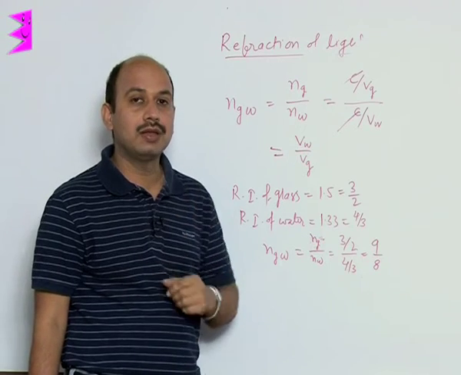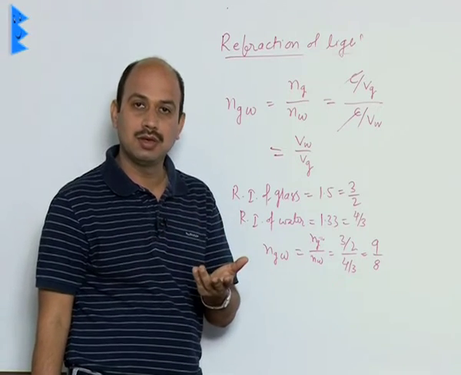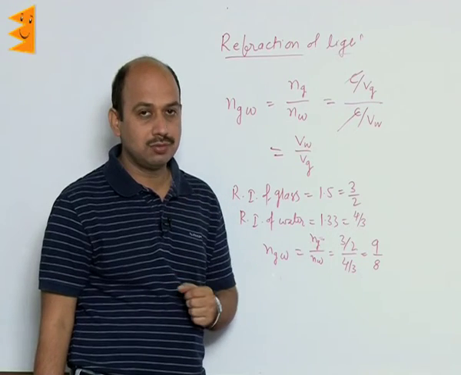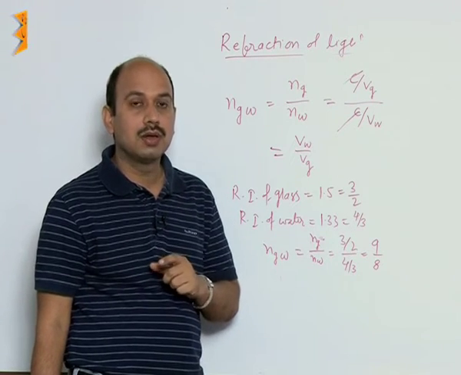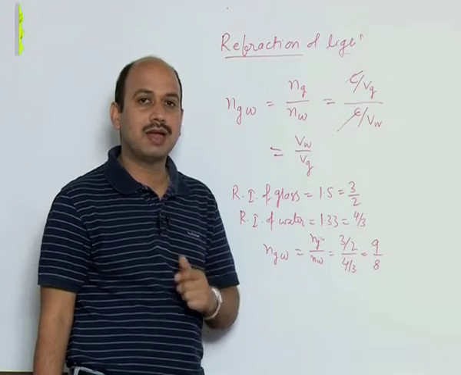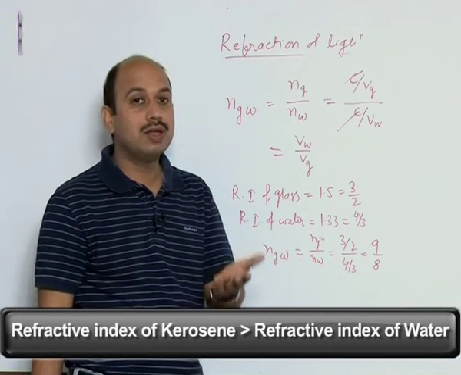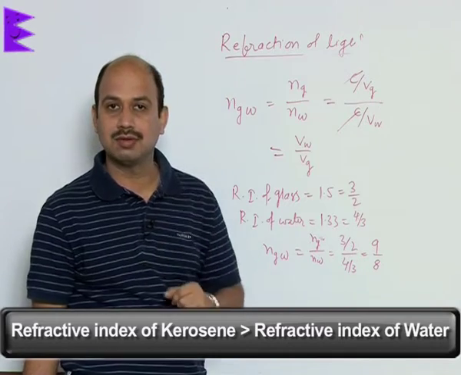For example, you can see the kerosene and water. Water has got higher mass density, whereas kerosene has got less mass density. But kerosene is considered more optically dense, that means refractive index of kerosene is more than the refractive index of water, whereas water is considered optically less dense.